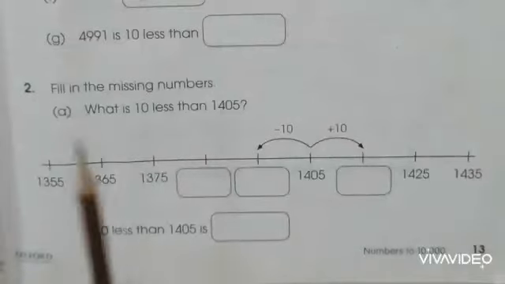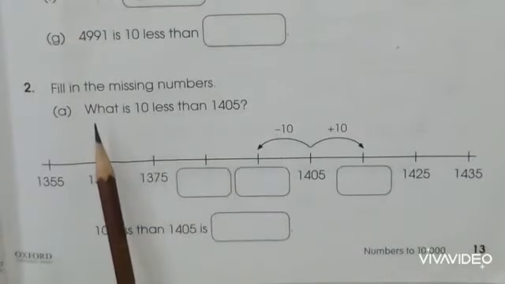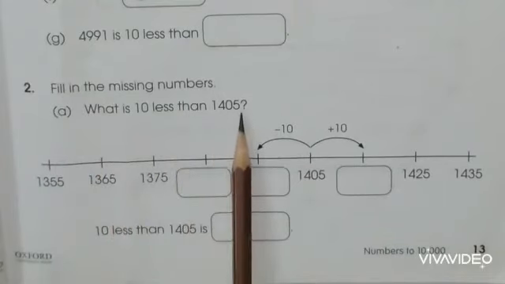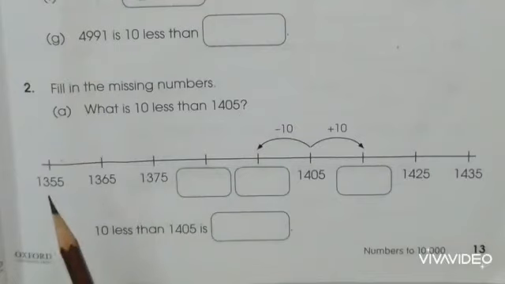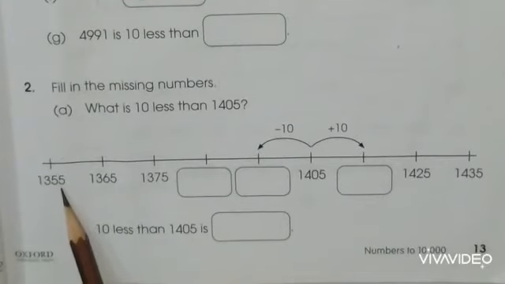In another question, you have to fill in the missing numbers. The question is, what is 10 less than 1405? We will solve this question with the help of a number line. The number line starts at 1355.